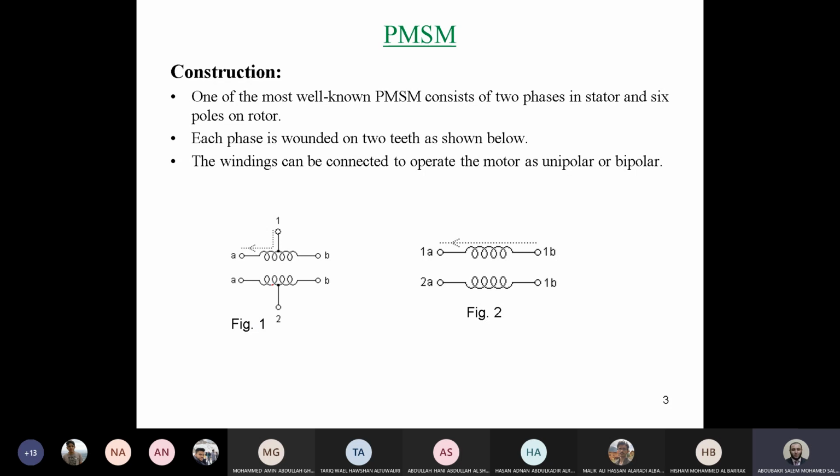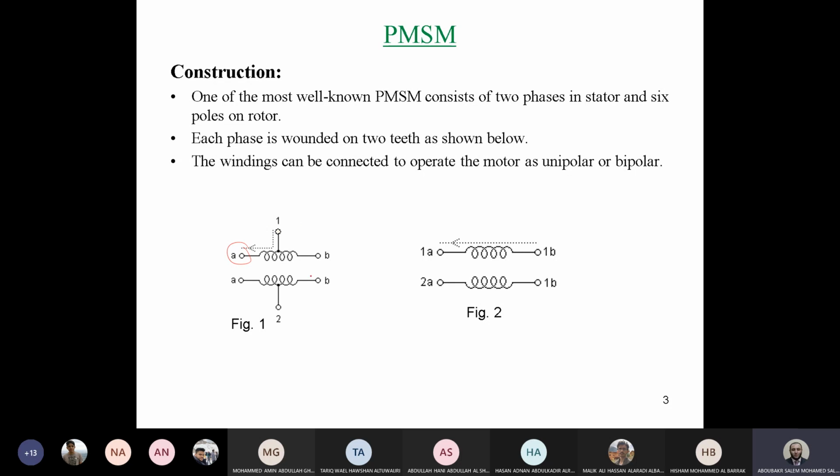In figure number 1, as you can see here, coil number 1 has terminals A and B, and coil number 2 also has terminals A and B. If we assign this terminal as 1A and the terminal connected here as 1B, it means we have a coil divided into half coils, and the midpoint is the tap of this coil.